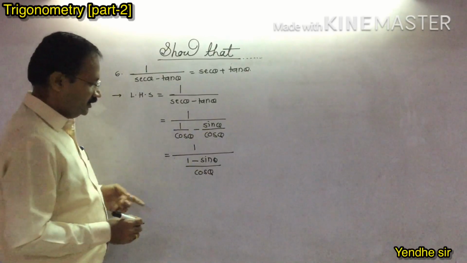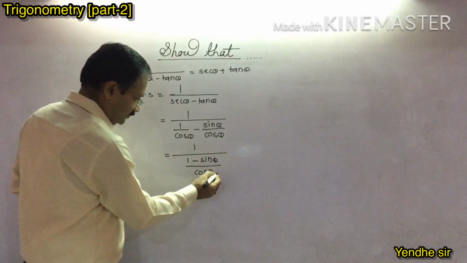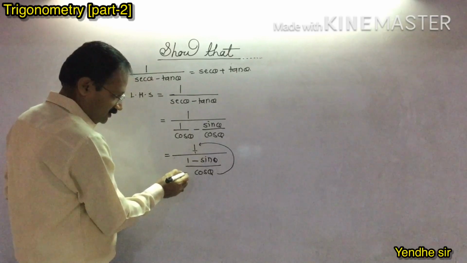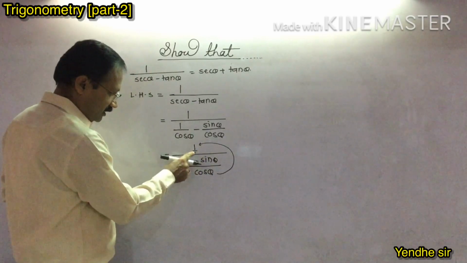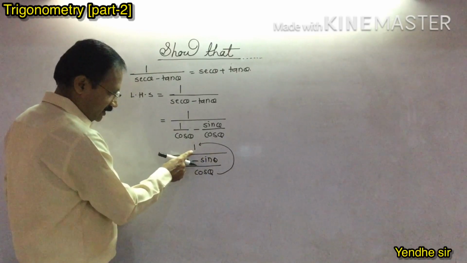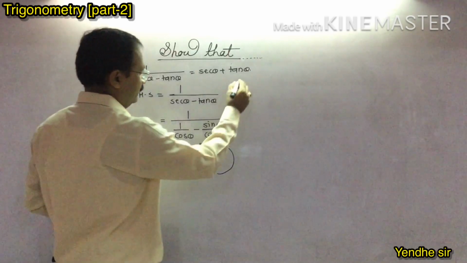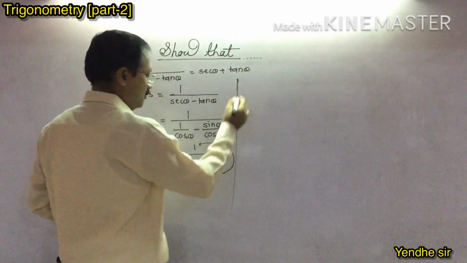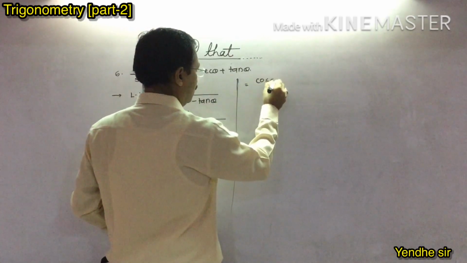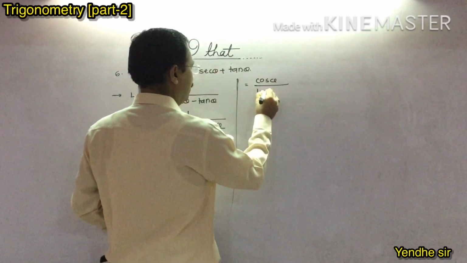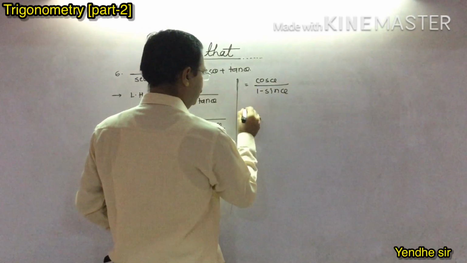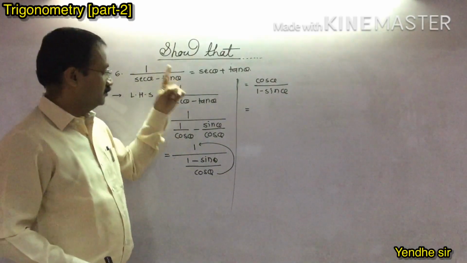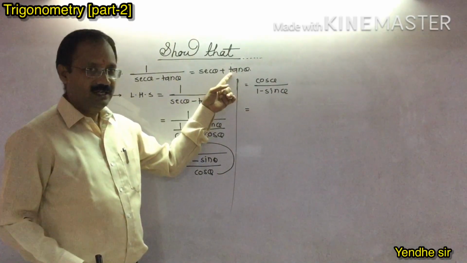Okay, next here you have to do this: the denominator goes to the upper side. We know that nothing is there means 1 is there. So lower to the upper and middle to the middle. Okay, so cos theta goes to the upper side. You will get cos theta upon 1 minus sin theta. Okay, but we have to prove that it equals sec theta plus tan theta.